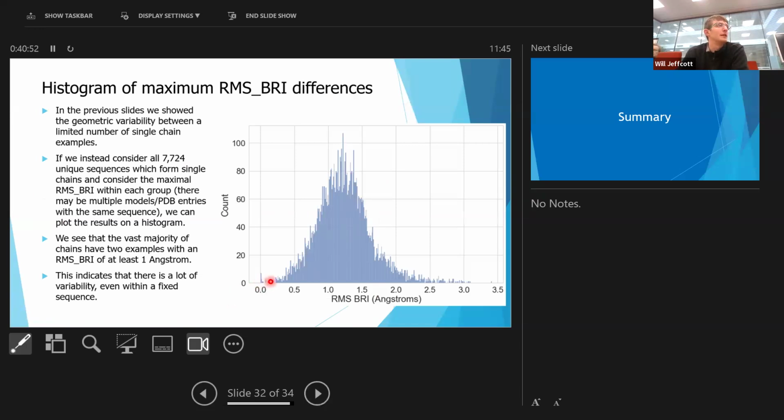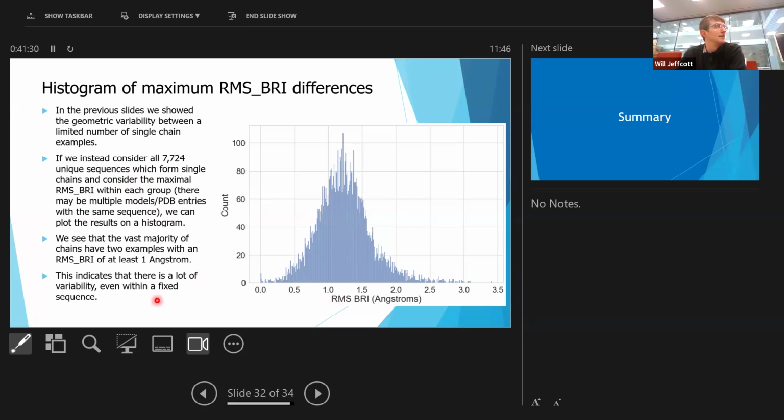So we can take all the examples. I just showed 10 of the most prominent ones, but we can take all 7,700 unique sequences which form single chains and consider the maximal RMS BRI within each group, which may be across multiple different models and multiple different PDB entries. We can plot the results in a histogram, with the maximal RMS BRI between two examples on the x-axis and the corresponding count.